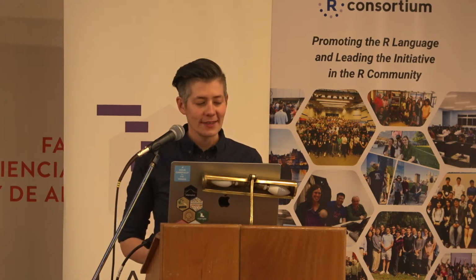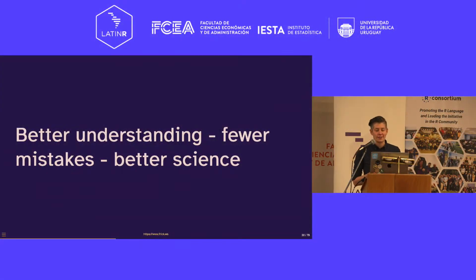So we're optimizing for humans to be able to read the code. And I do like that idea because if it's easier to read, it's easier to understand. And the better you understand things, the fewer mistakes you make, and hopefully the better science you do with it. And I think that matters, especially in the context of R.